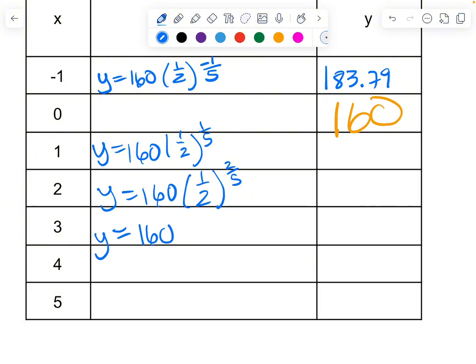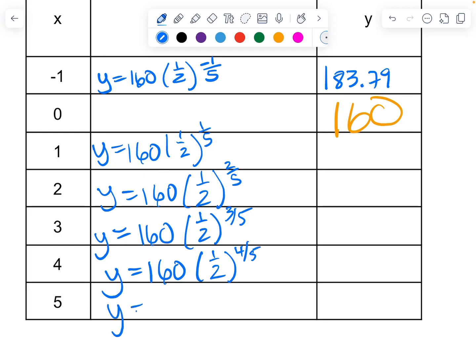And the reason that I'm doing this is because in my calculator, I can leave the numbers in as is and just change the exponent. Oops, that should be a 2. 5 over 5 is 1. So I'm going to change this to 0.2.